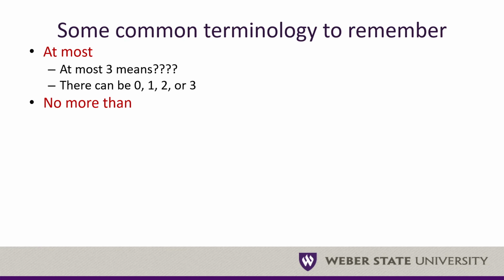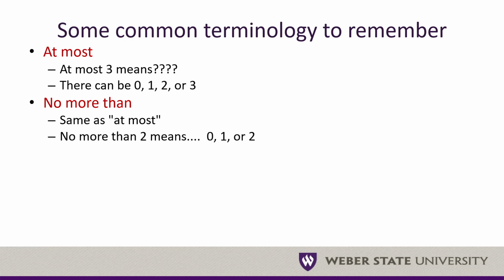No more than. It means no more than. So if I say no more than 3, it's exactly the same as at most. The words are different, but it means the same thing.